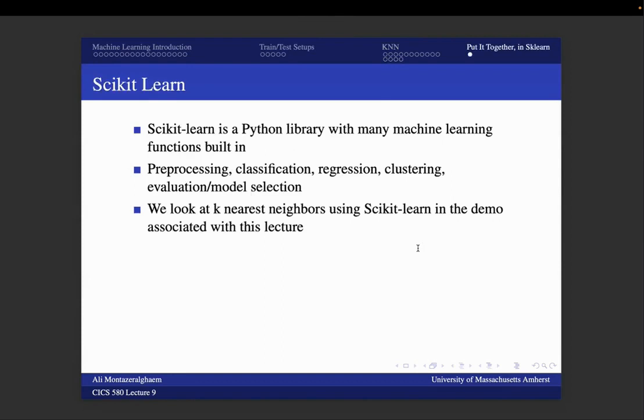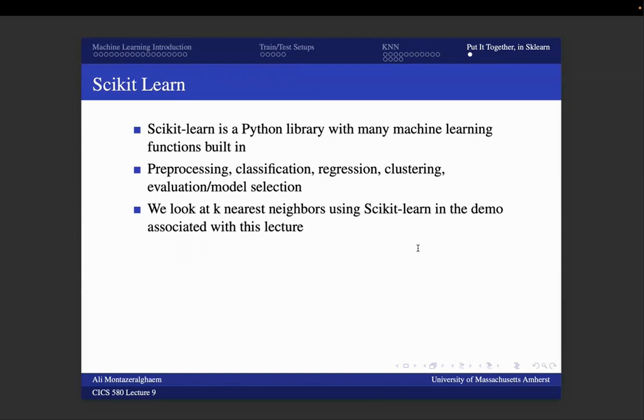Also, scikit-learn. I just want to briefly introduce scikit-learn. You already saw that in the assignment, I think, but scikit-learn is a module or library in Python that has many machine learning functions.